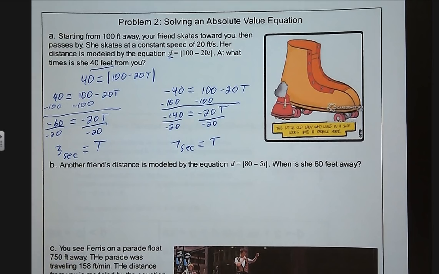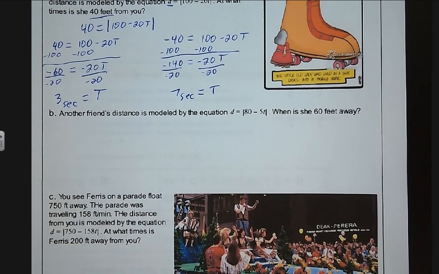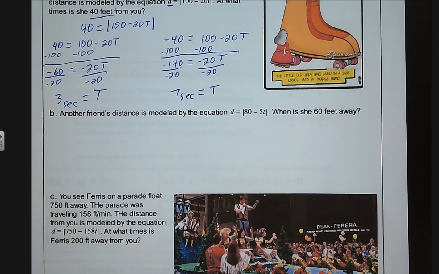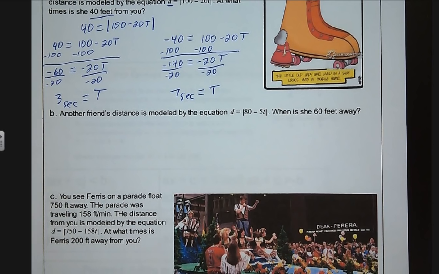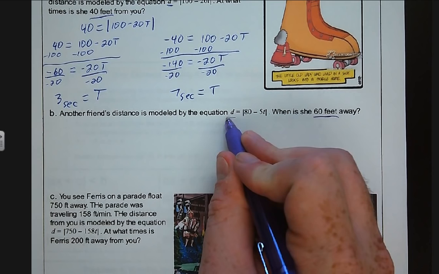Okay? So letter B, another friend's distance is modeled by the equation d is equal to 80 minus 5t. We want to know when is she going to be 60 feet away. So she's starting at 80 feet, she's moving at 5 feet per second. All right, so we're going to plug in that 60 feet into our distance equation.